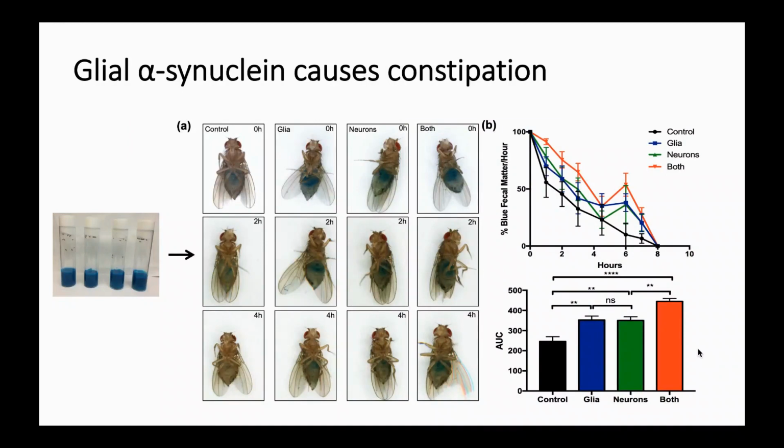This involves putting flies on blue-colored food for 24 hours, and then transferring them to regular food. What you can see here is at the time of transfer to regular food, they all have blue abdomens from having eaten the blue food. Control flies that are normal and don't have alpha-synuclein pass this blue dye fairly quickly, whereas flies with an increasing alpha-synuclein burden are unable to do that, presumably due to constipation. That's quantified over here.